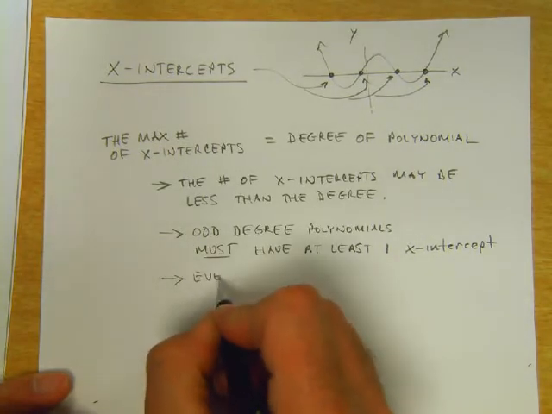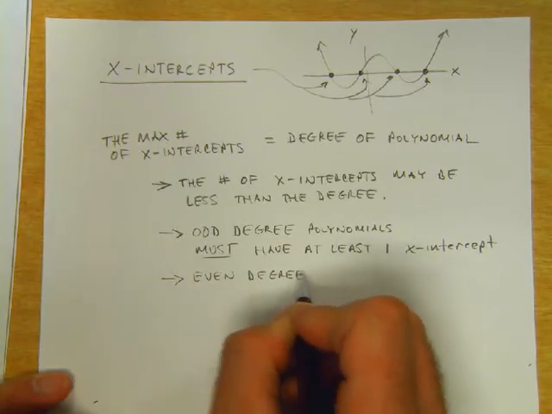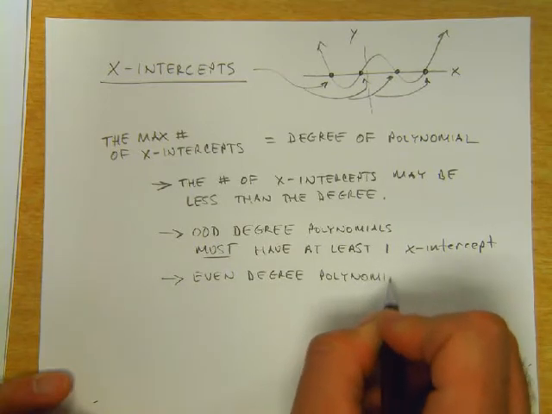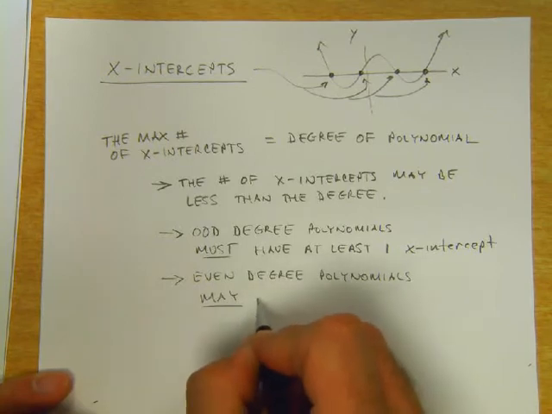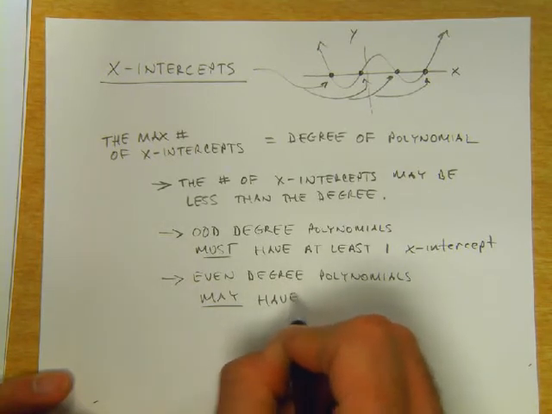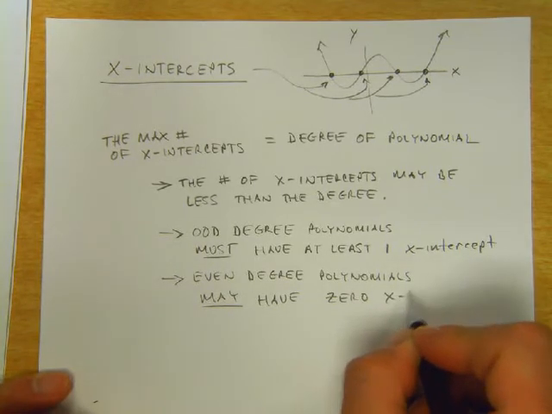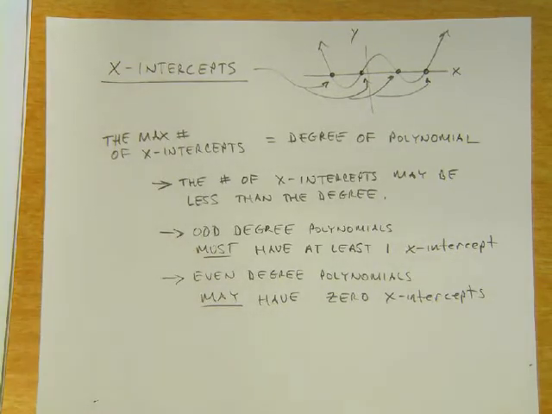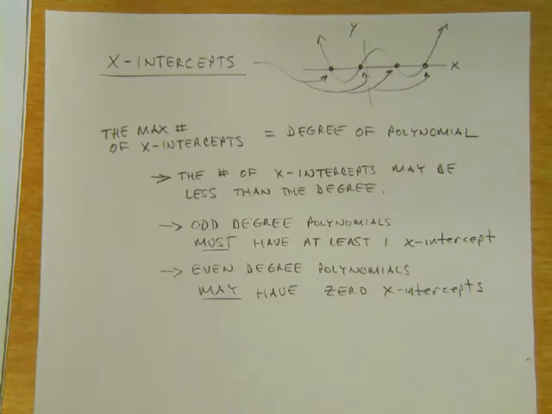Even degree polynomials may have 0 x-intercepts. Lots of rules.